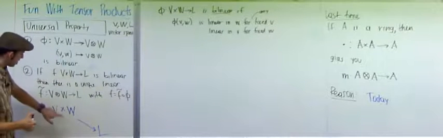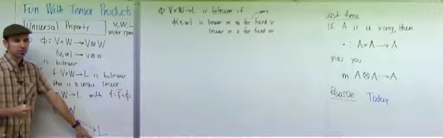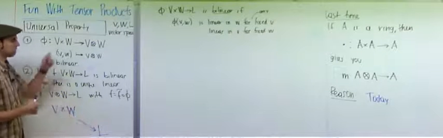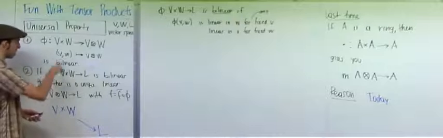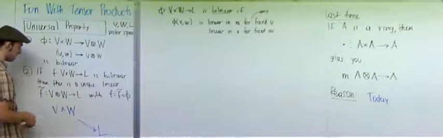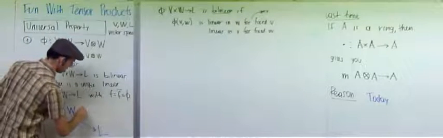If you have any bilinear map from here to here, then we say that it factors through this one. What that means is that we have this bilinear map, which is kind of a horizontal bilinear map in this picture.